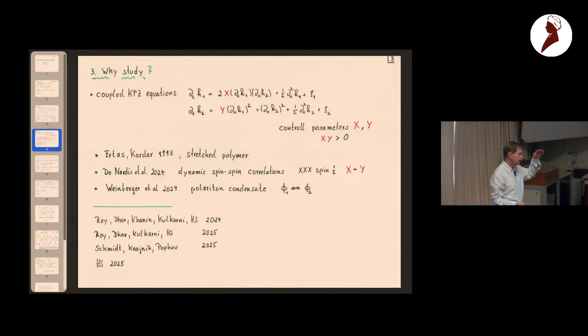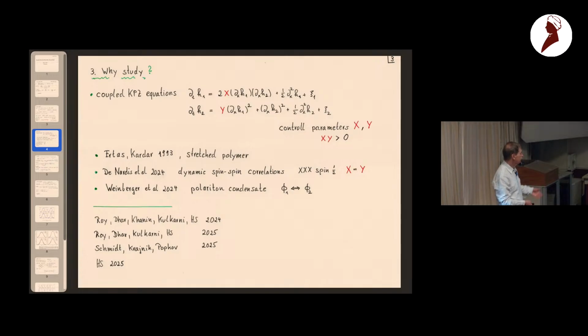This was already a few years back. It was an exciting moment when people realized that these spin correlations are actually in the KPZ universality class. It's an integrable model, but actually computing this function seems to be extremely difficult and has not really been accomplished.